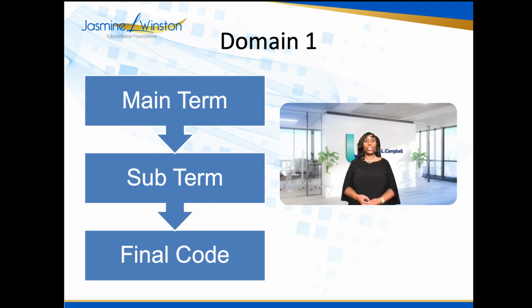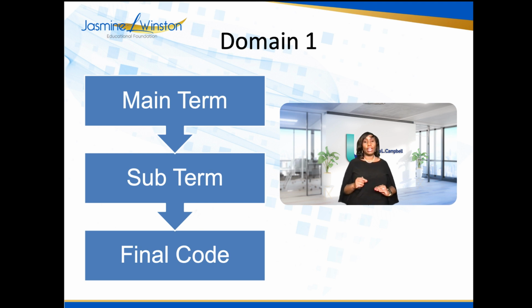Once you locate your main term, the next part is your subterm. In the ICD-10 CM Code Manual, you'll notice in the alphabetical index that there are two very faint gray lines. The first gray line is to help you identify your subterms.